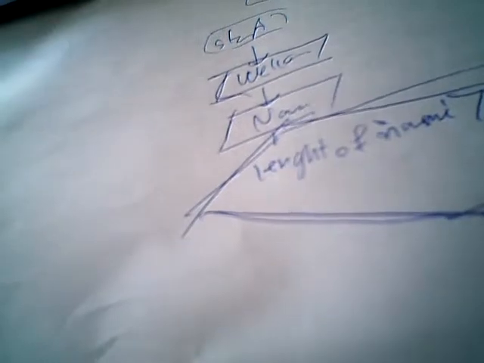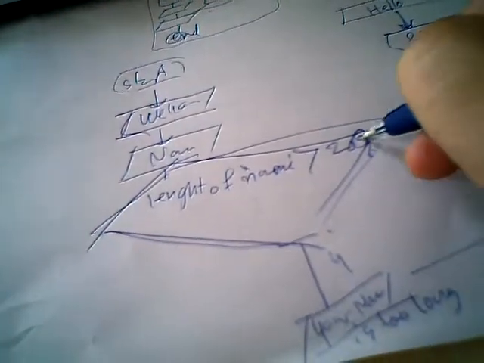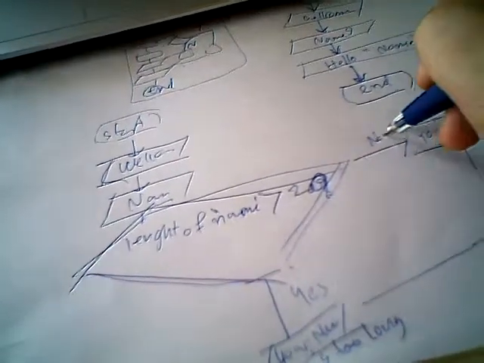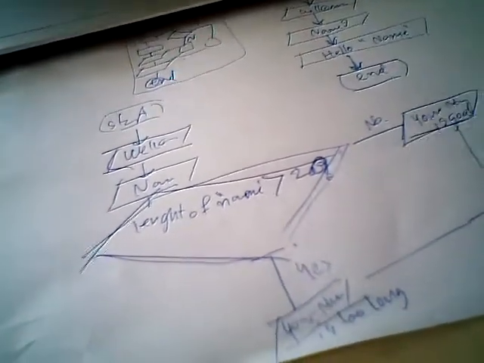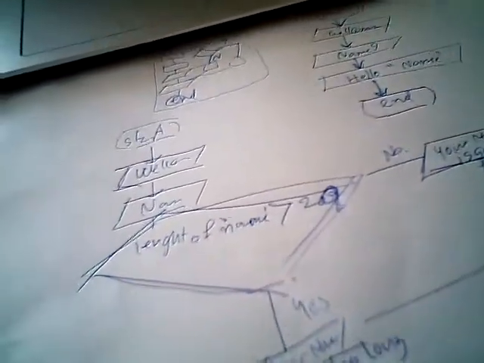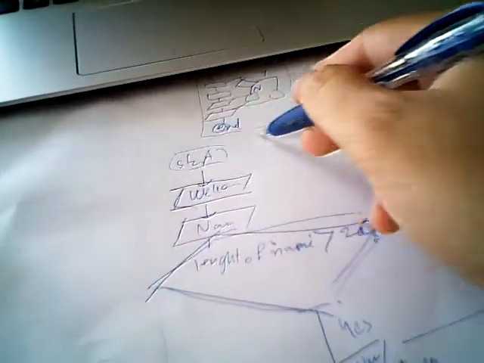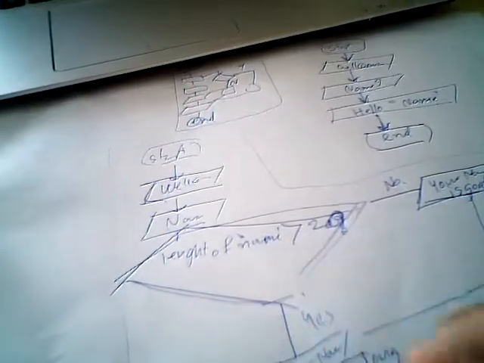So this is decision. Decision must have a question mark for asking, and then yes, and then no, what to do. And then this is how it's going to be for this.